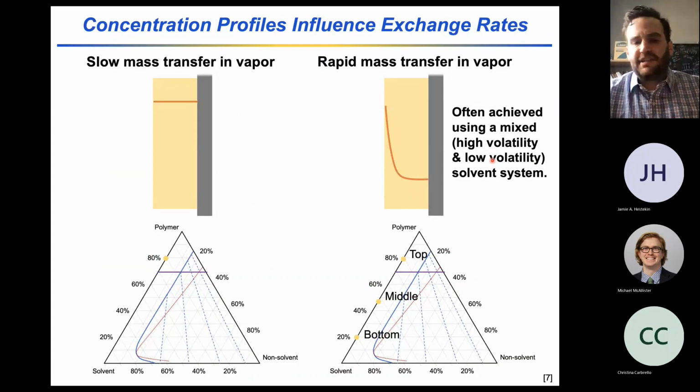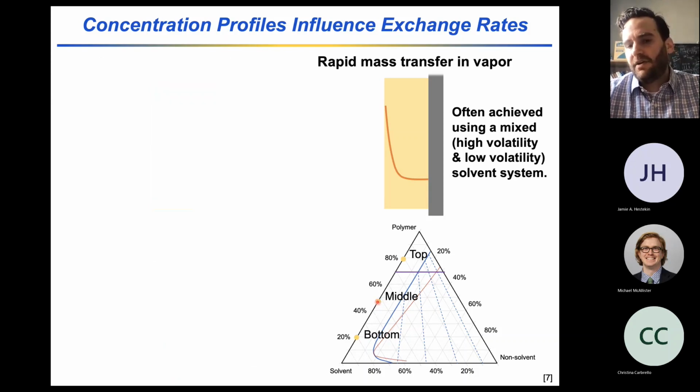And just to reiterate, the trajectory of the solvent-non-solvent exchange is determined by the initial condition of the film.